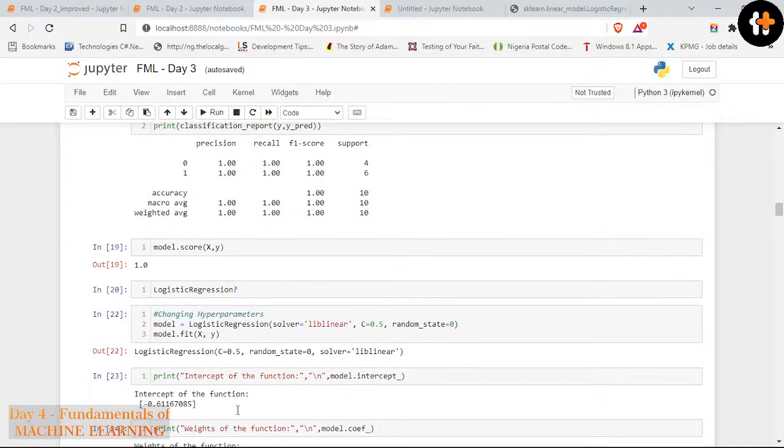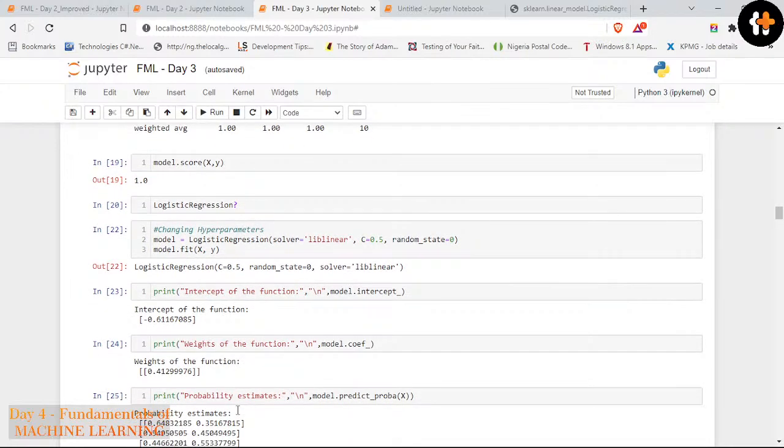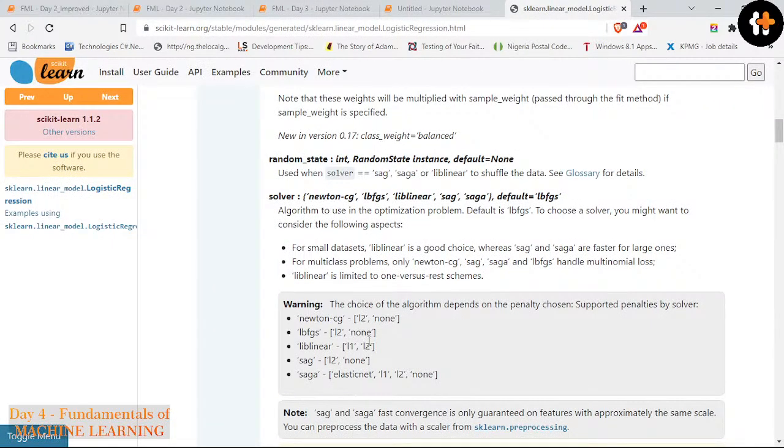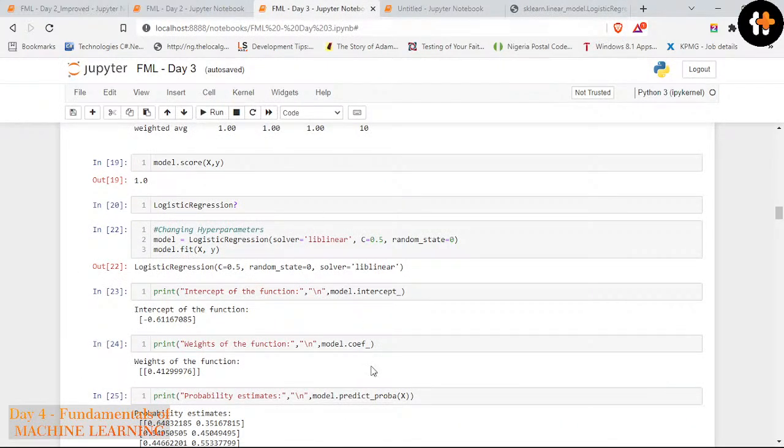But for the second model, we had to change the solver. Yesterday, I showed you the documentation that there are different solvers for logistic regression. You have Newton-CG, LBFGS. The default is LBFGS, and this was what was used in the first logistic model that we built yesterday, which gave us the score of 1.0, or accuracy of 100%.